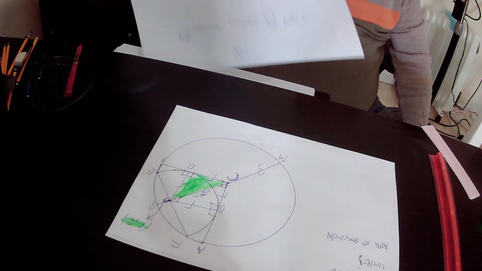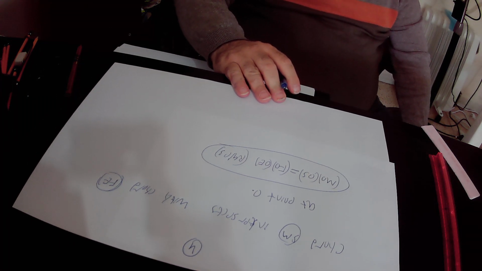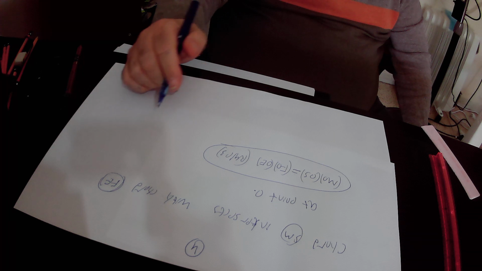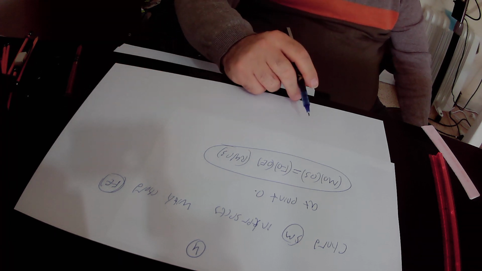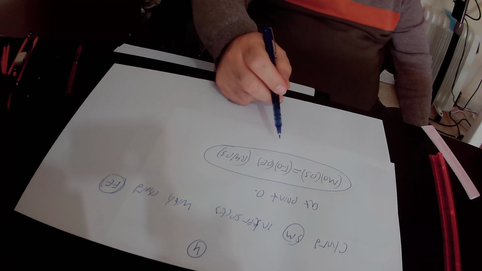I'll repeat again. Because in our circle chord SM intersects with chord FE at point O, then according to rule number 3, MO times OS equals FO times OE.